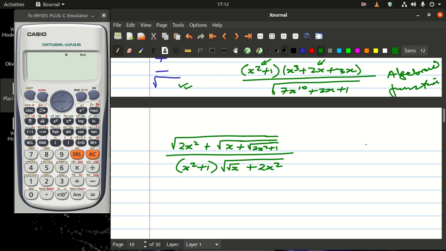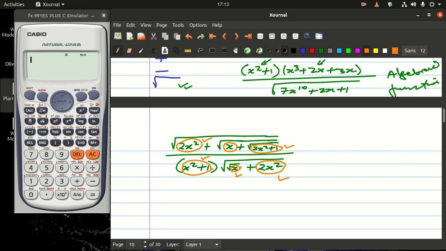All you have to realize here to determine if this is an algebraic function is this: first of all, this one here is a polynomial. This one here is a polynomial. This one inside here is a polynomial. This one here is a polynomial. This one inside here is a polynomial. This one here is a polynomial.